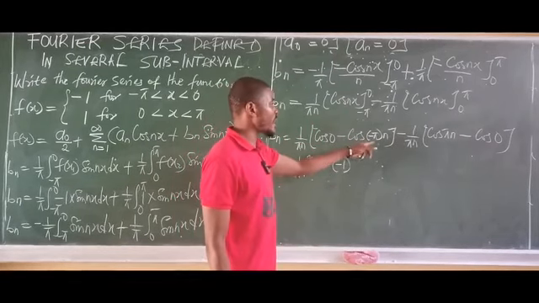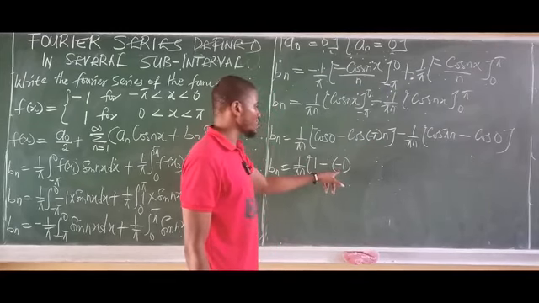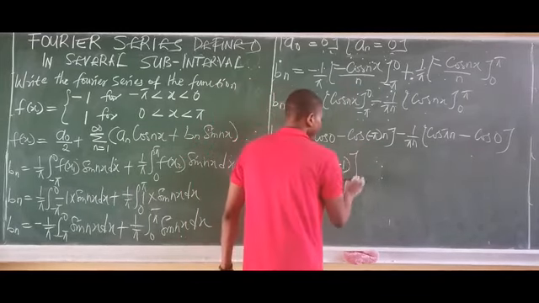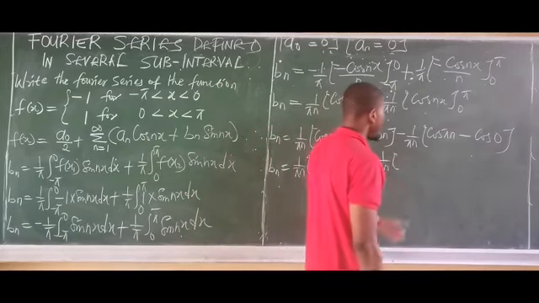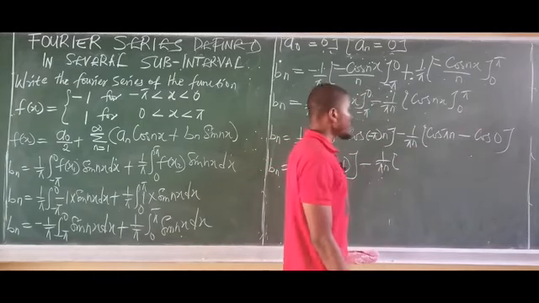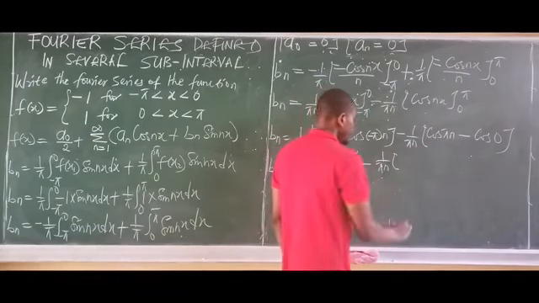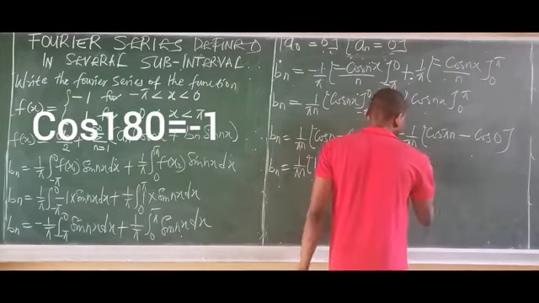So cos minus pi simply means cos minus 180. That will give us minus 1. All right, minus 1 all over pi n into cos pi n. Cos pi once again is cos 180, which is simply minus 1, minus cos 0 is 1 as well.